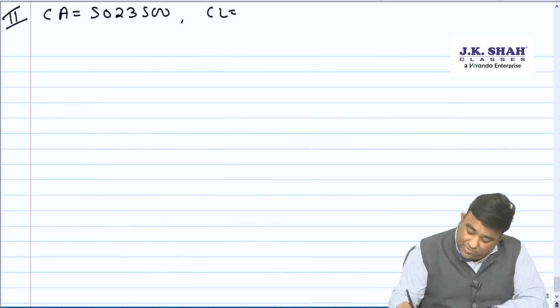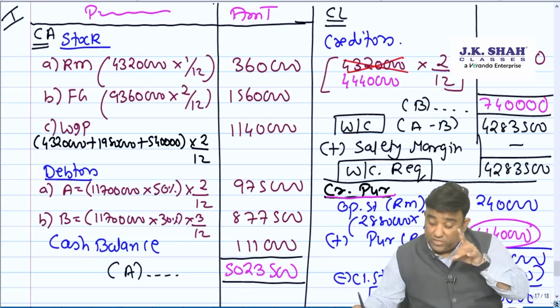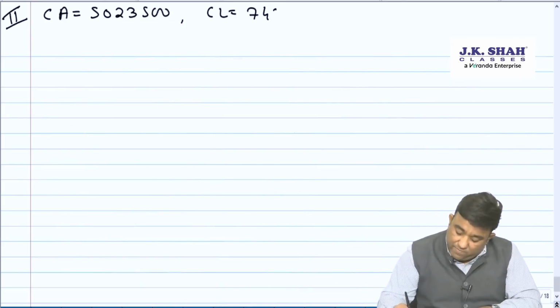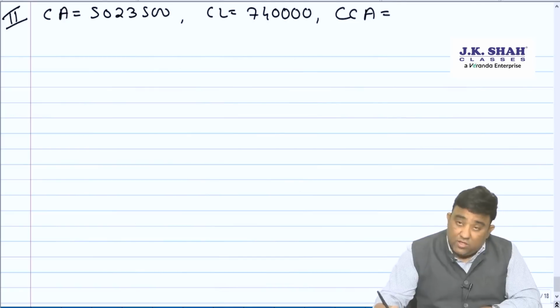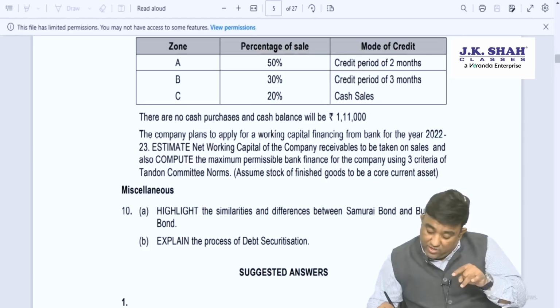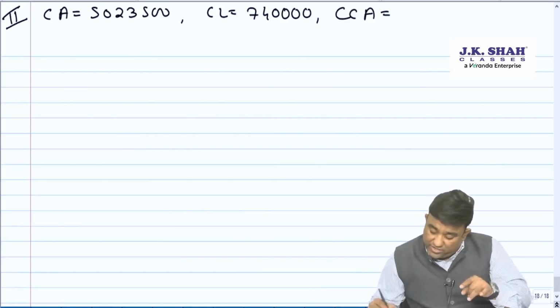I need current liability, that is always excluding the existing bank borrowing, which is obviously not there, 740. And I need a core current asset. Core current asset specifically given. What is the core current asset given? Assuming stock of finished good to be core current asset.